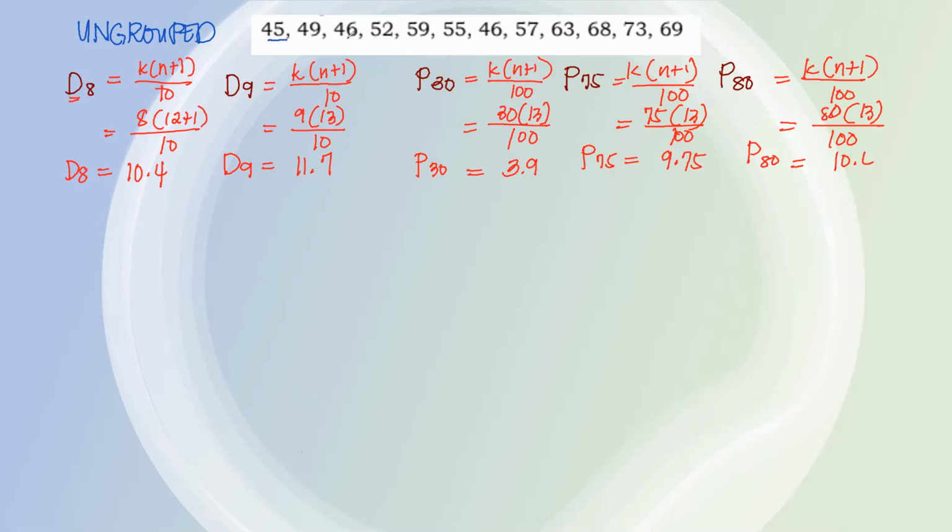We have 45, 46, 46, 49, sunod, 52, 55, 57, 59. Sunod, 63, 68, 69, 70.